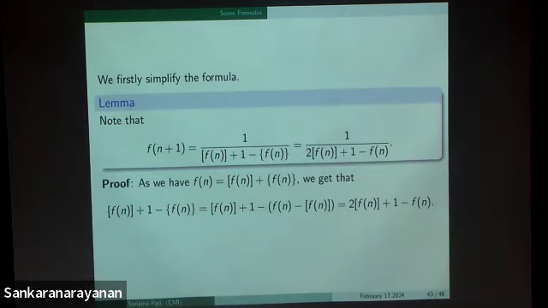This is relatively easy to figure out compared to the second case, where this is my P by Q, this is my N by M, and I want to figure out f of k and then f of k plus 1.